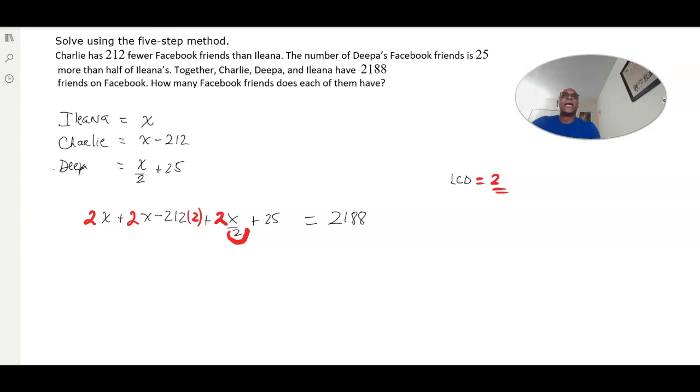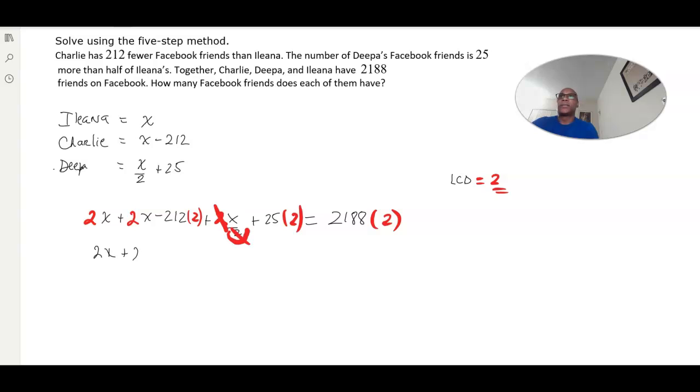Still, I have to multiply the 25 by 2 and the 2188 by 2. We do all that just to get rid of that denominator.